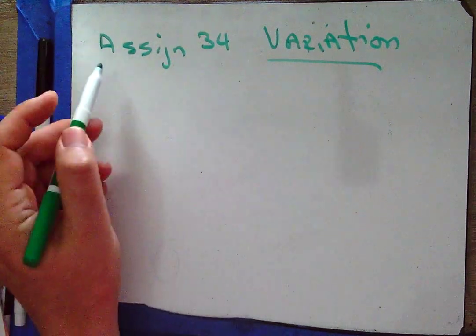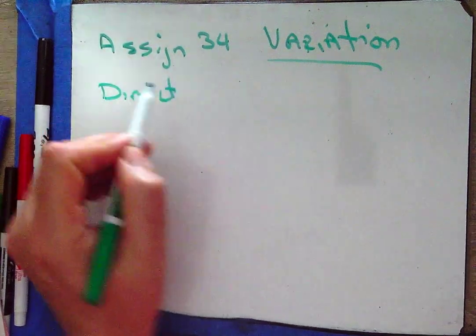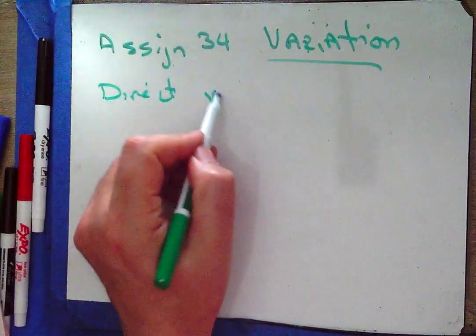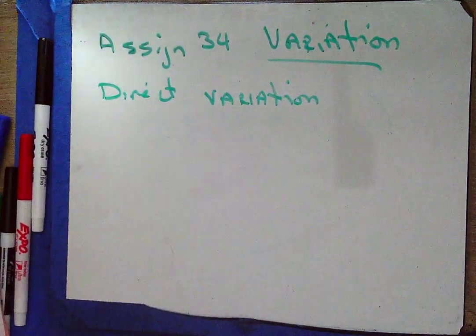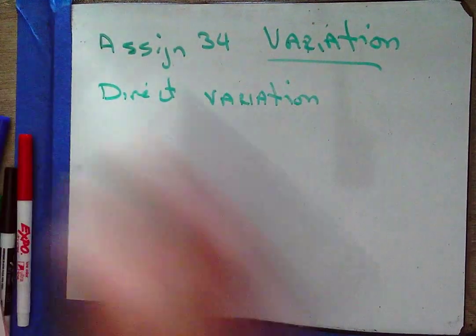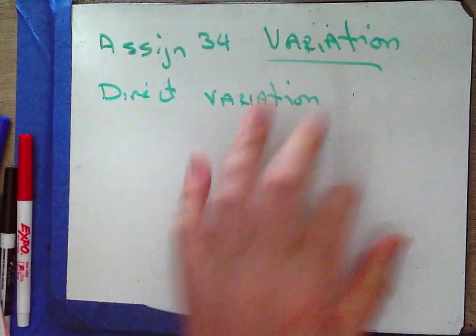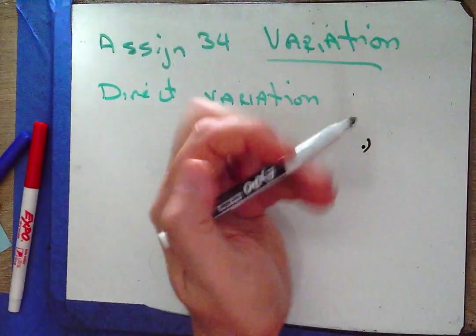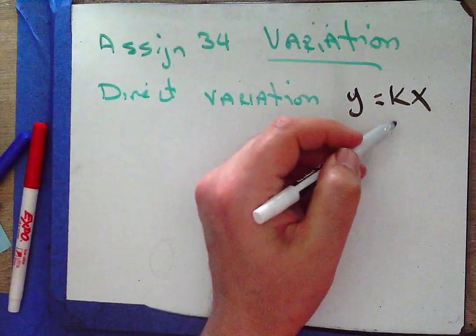Okay, so our first type is direct variation. And direct variation comes in the form of y equals kx. See that?